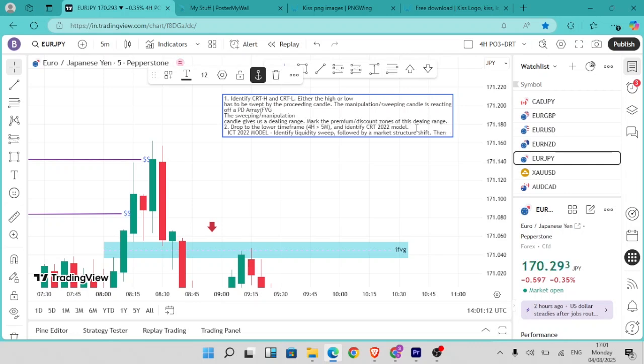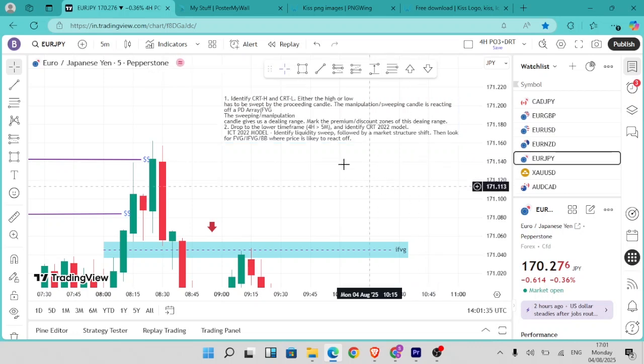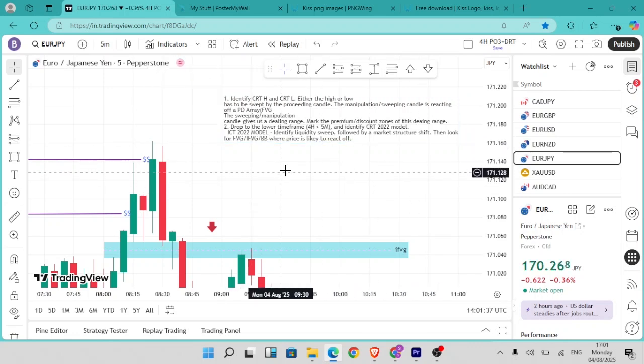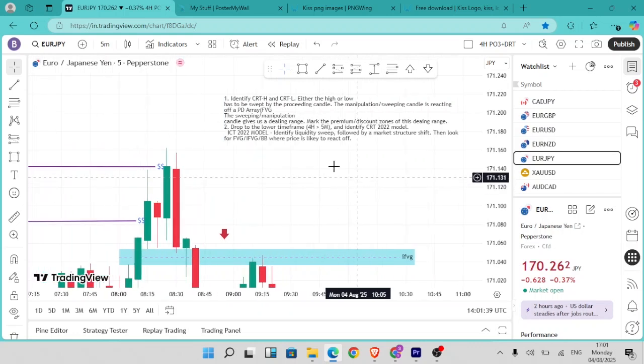Then look for fair value gaps, inverted fair value gaps, or breaker blocks where price is likely to react off, right? So that is the 2022 model ICT.